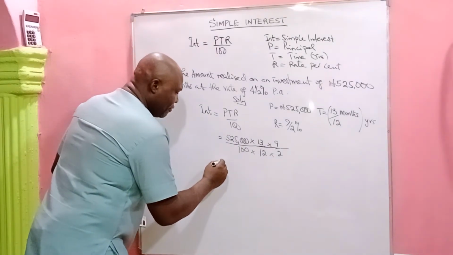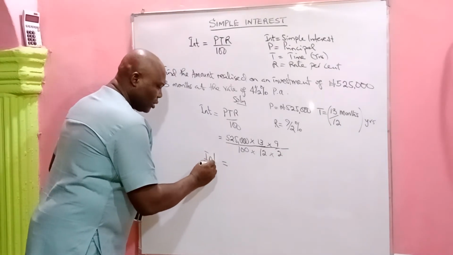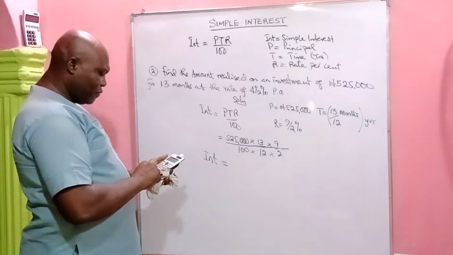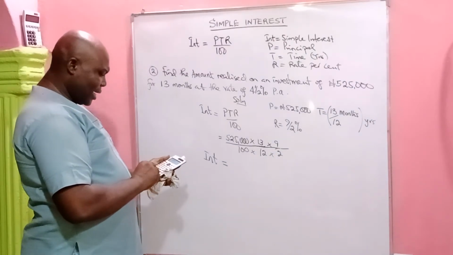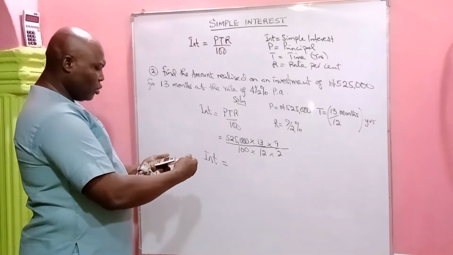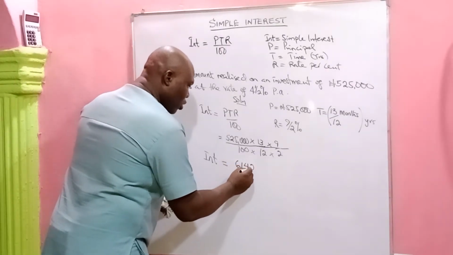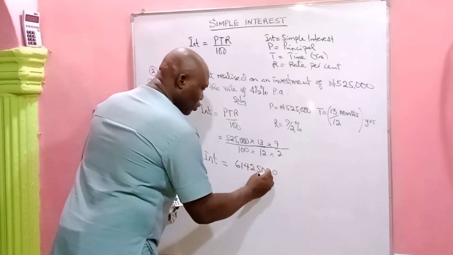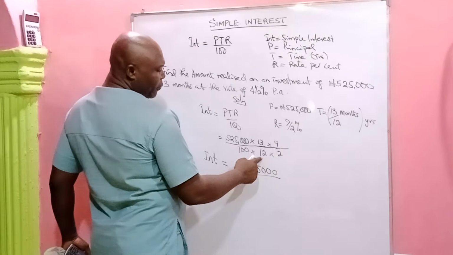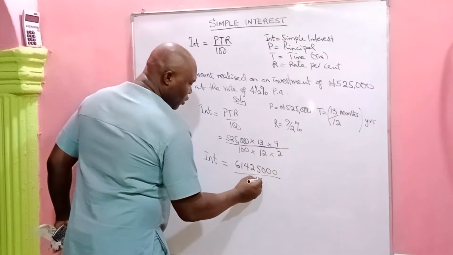So the interest will be equal to 525,000 times 13 times 9, which gives a numerator of 61,425,000. For the denominator, we multiply 12 times 2, which is 24, times 100, to give us 2,400.